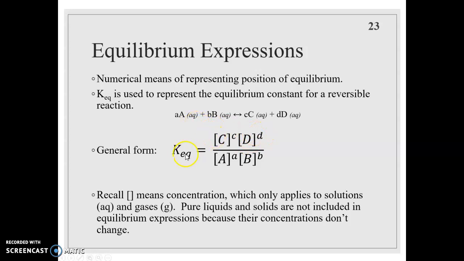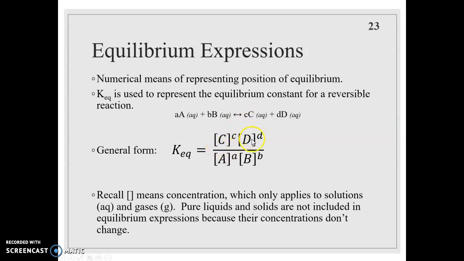So the equilibrium expression is going to be the concentration of the product raised to the power of its coefficient, times the concentration of the other product raised to its power. By the way, those powers come from the coefficients in the balanced chemical reaction. We'll practice doing this with a real one in a little while. Let's say the little c was 2, then that would be squared in the expression.